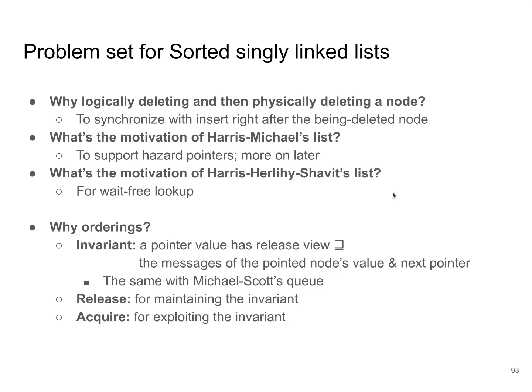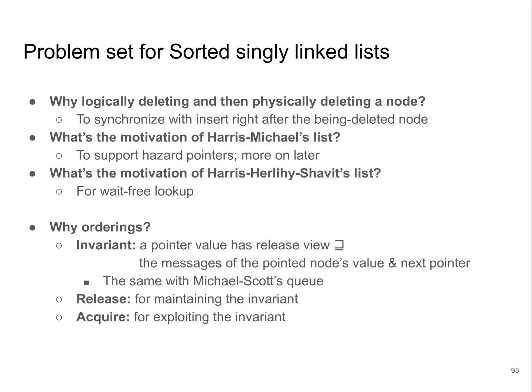Why the insertion, deletion, and lookup, even though they are concurrently executed, are somehow safe and working as expected. The first question is, in the deletion, I explained that we first tag a node to denote that it is logically deleted, and only after that do we delete this node, or unlink this node, by actually updating the pointer.